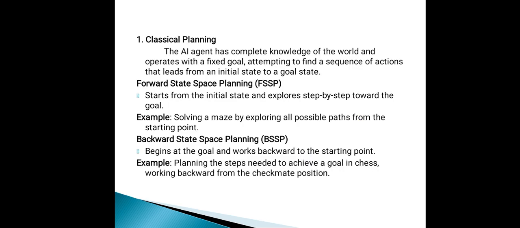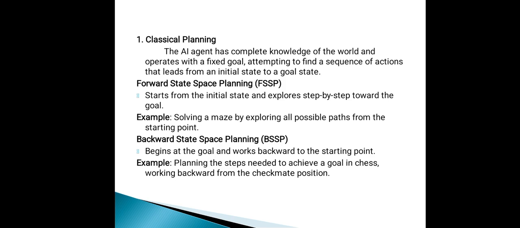First one, classical planning. In classical planning, the AI agent has complete knowledge about the environment. Everything is known in advance and the goal is fixed. The AI system finds the best sequence of actions to move from the initial state to the goal state.